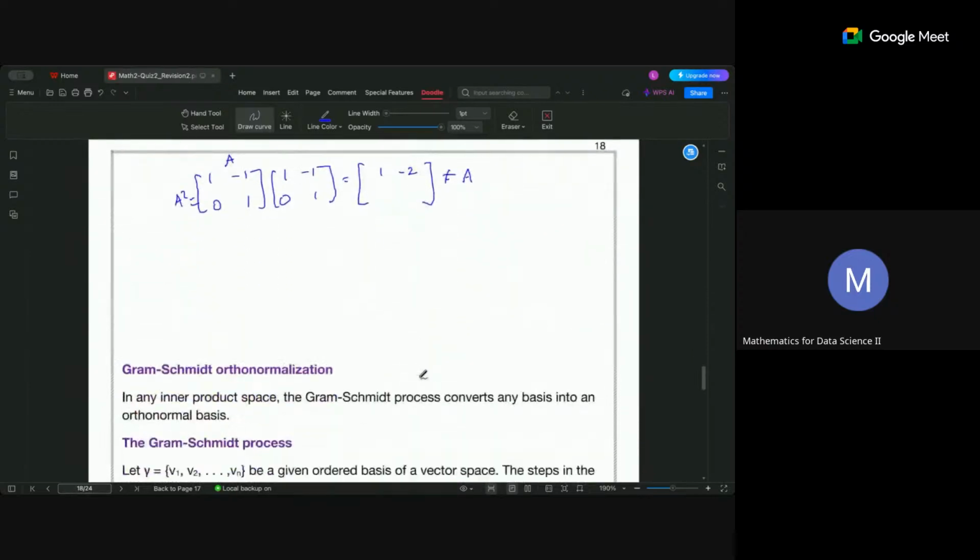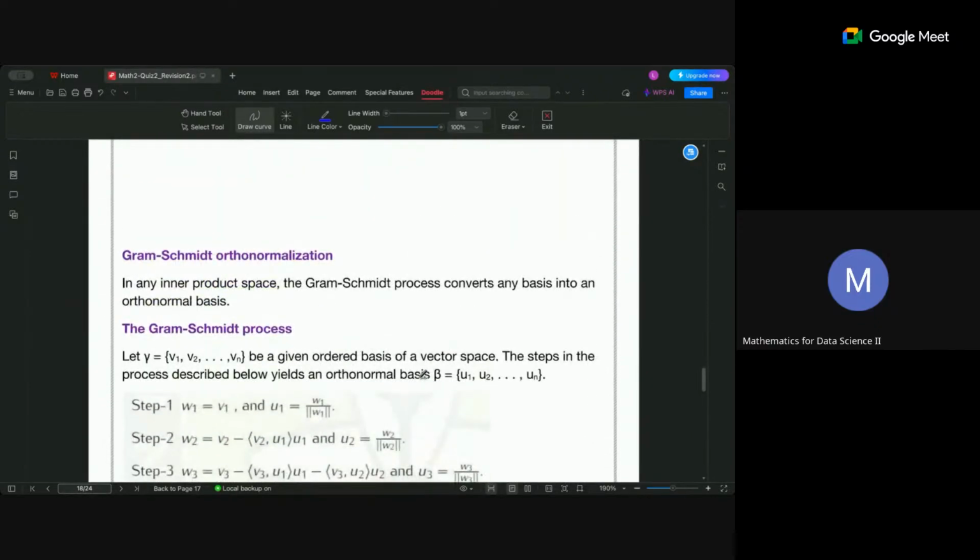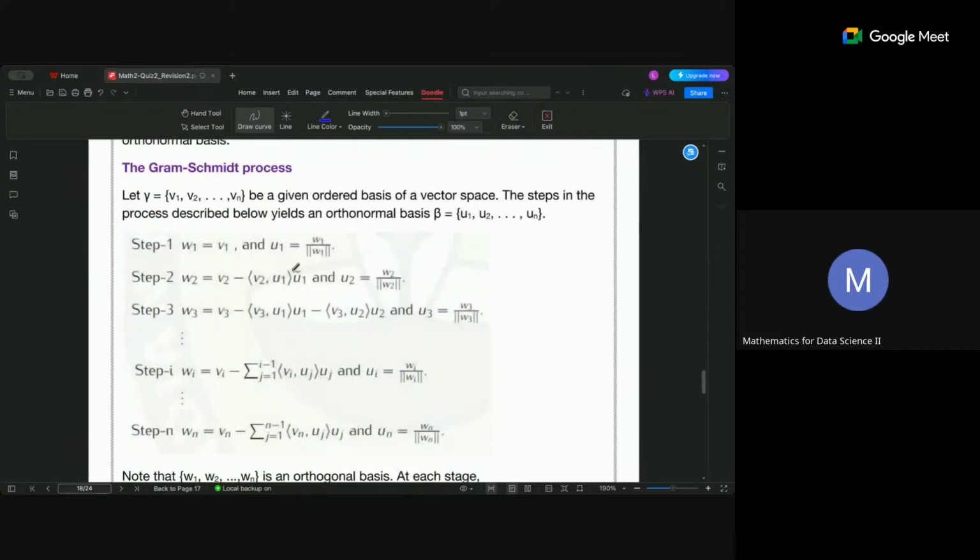Okay. So the next one is the Gram-Schmidt process. What is this Gram-Schmidt process? Given any basis, how to convert it into an orthonormal basis. So here you have a series of steps. What is one thing you should notice here? What is this? Projection of V2 on U1.